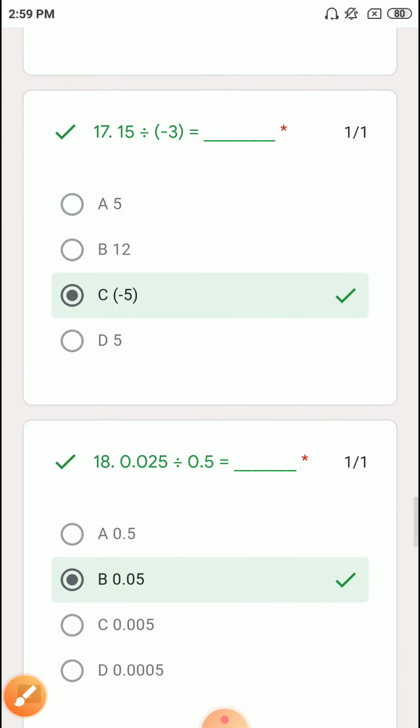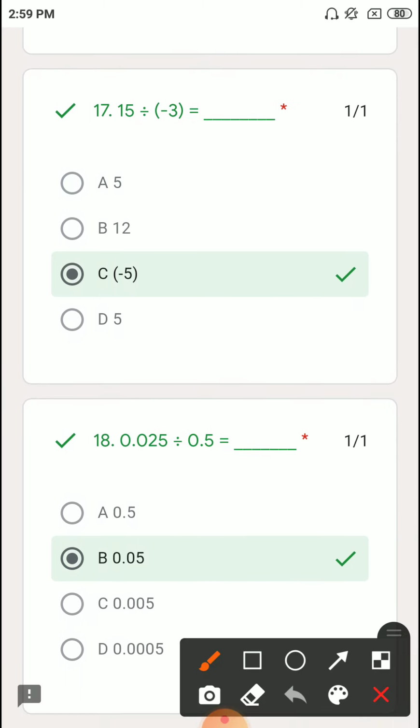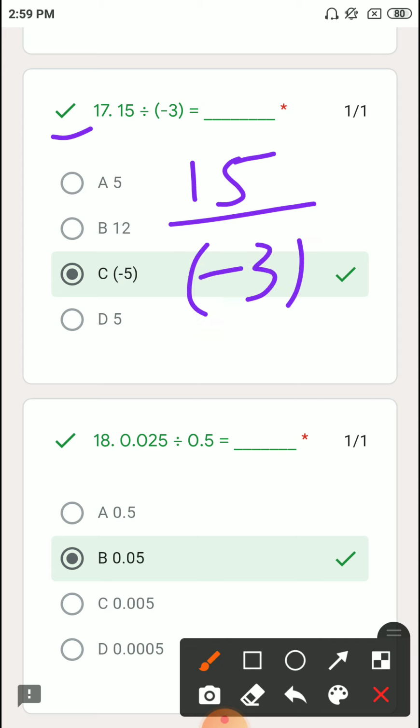After that, question number 17. 15 divided by minus 3. So we can cut this. 3 5s are 15, right? So here our answer is 5.